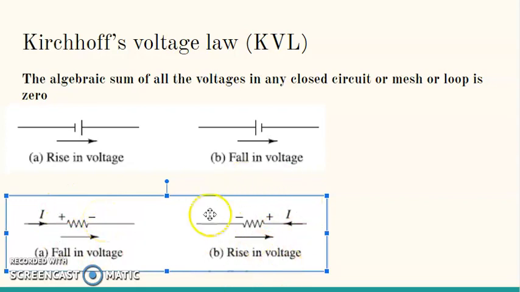And in the second case, as I am tracing the loop in the clockwise direction and my second sign is positive, I will write the drop across this as plus IR. So these are some of the sign conventions considered while writing KCL and KVL. These sign conventions are very important, as the positive and negative signs can make a lot of difference while analyzing the network.